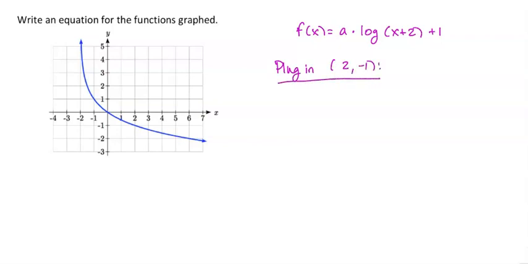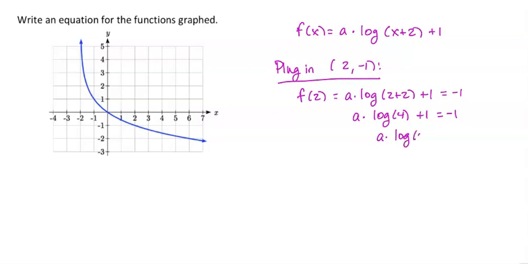So I'm going to evaluate my function at f of 2. So a times the log of (2 plus 2) plus 1 needs to be equal to -1. So I have a times the log of 4 plus 1 equals -1. We're solving here for a. Subtracting 1, I have a times the log of 4 is equal to -2.